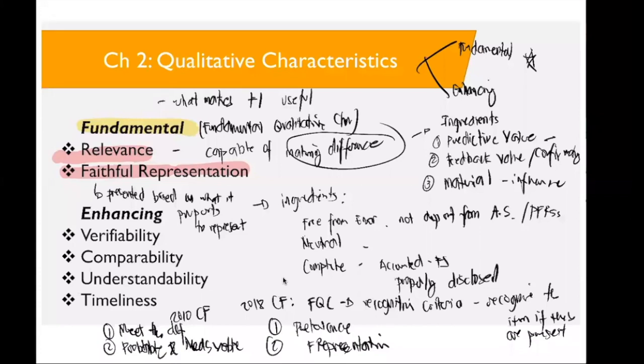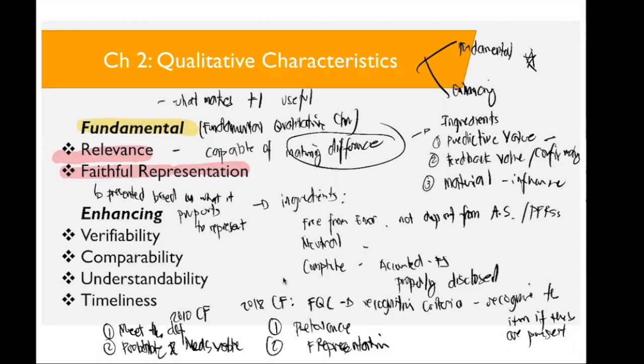What do we mean by meet the definition? So for example, you say that an item is a property, plant, and equipment. So that you can say that that item is a property, plant, and equipment, it must meet the definition of a property, plant, and equipment. So it is a non-monetary asset with physical substance. If that is a non-monetary asset and it has a physical substance, then we can say it is a property, plant, and equipment. How about if you say that an asset is an intangible asset?